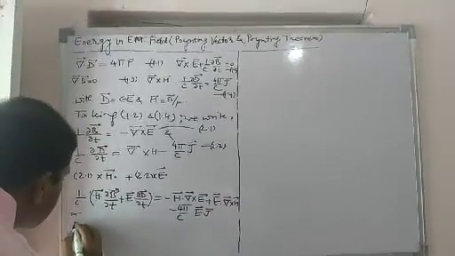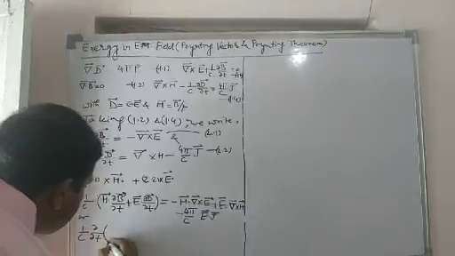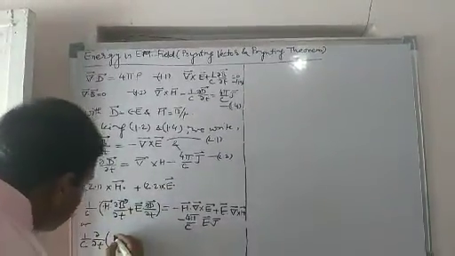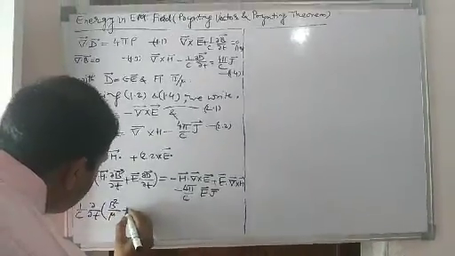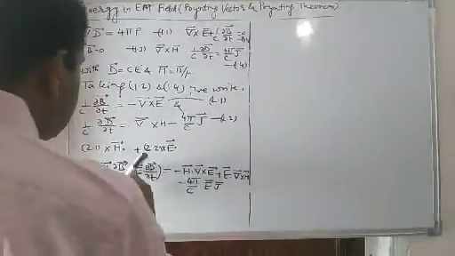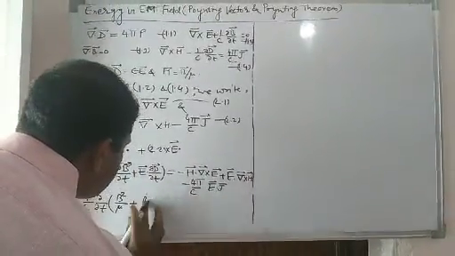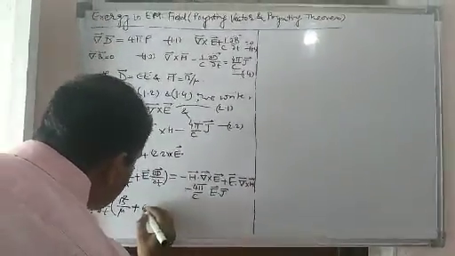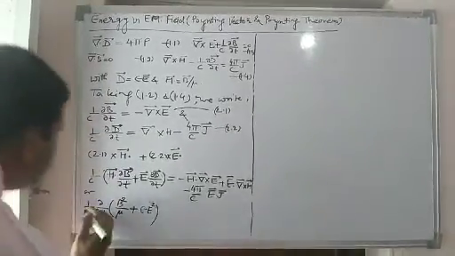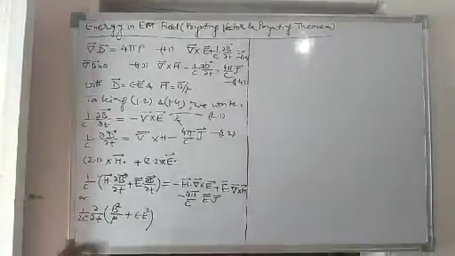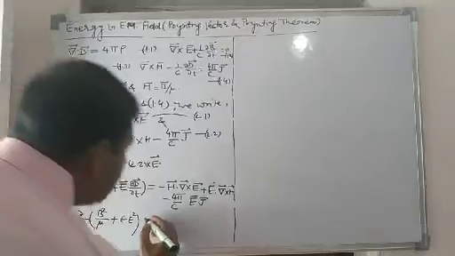So this is going to be del over del T of B square by mu plus epsilon E square, and of course we will have a factor of 2 because the derivative would give 2 times B. So therefore this should be 2.